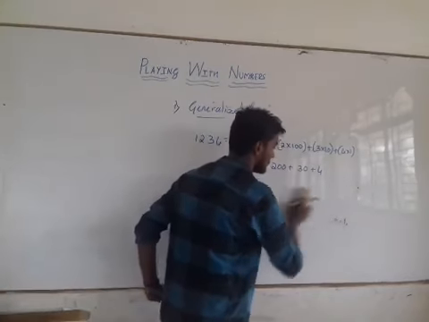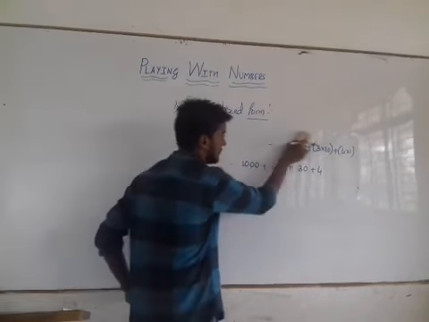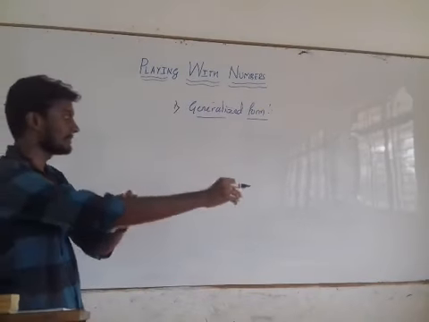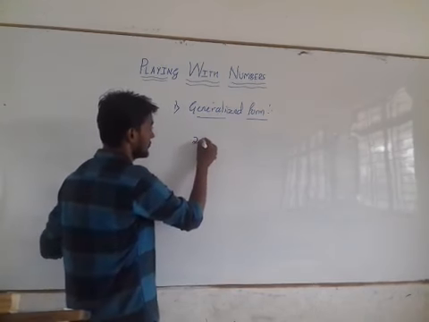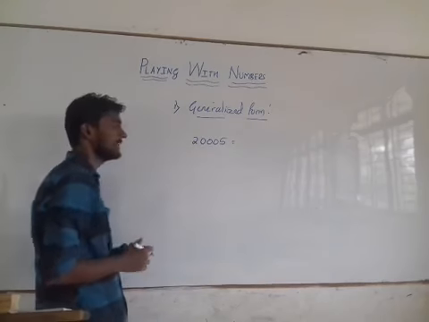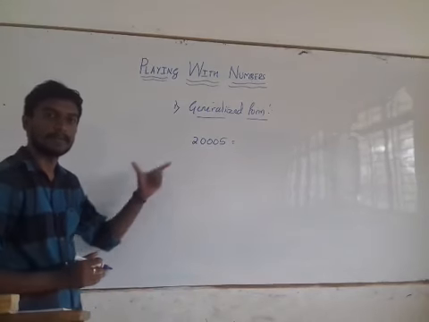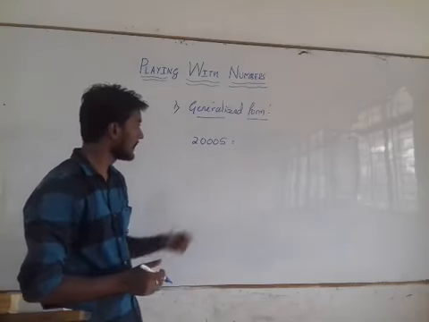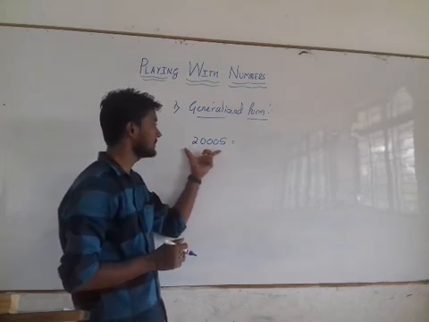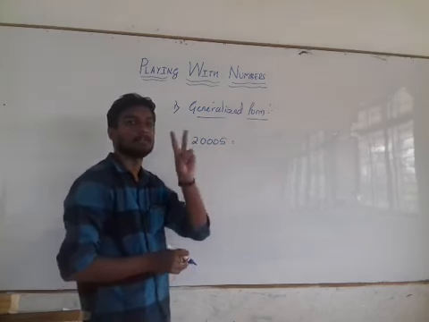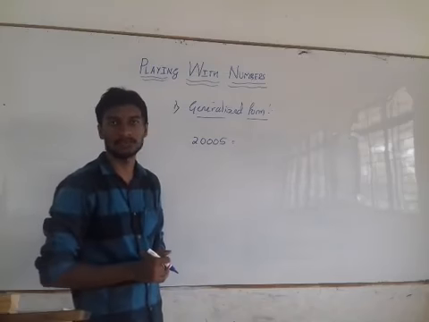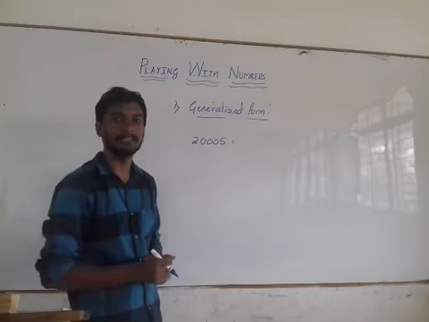Next, we take one more example, and then we go for the next topic. The next example is 20,005. Now I will write this number in the expanded form. Only two nonzero digits are there, and in between them we have zeros. As I told you before, you can skip the zeros.